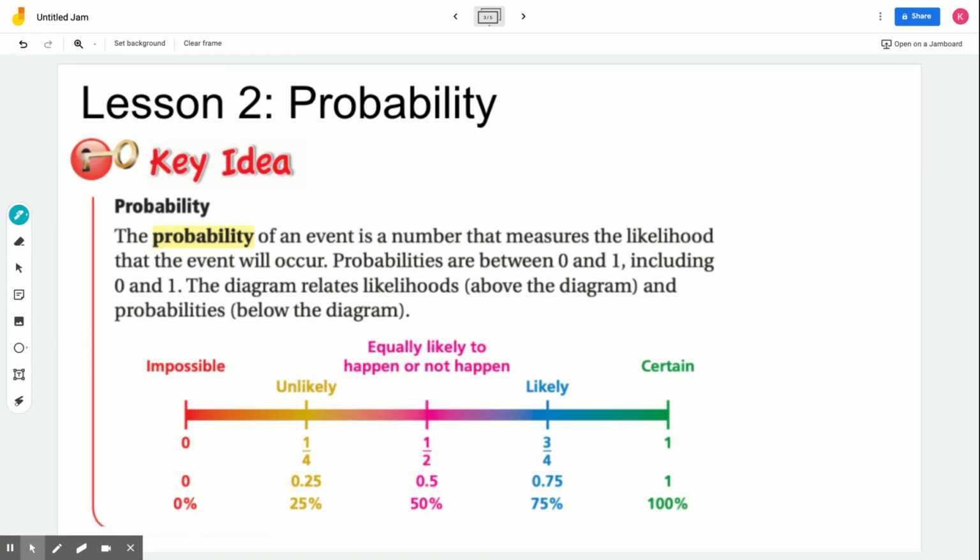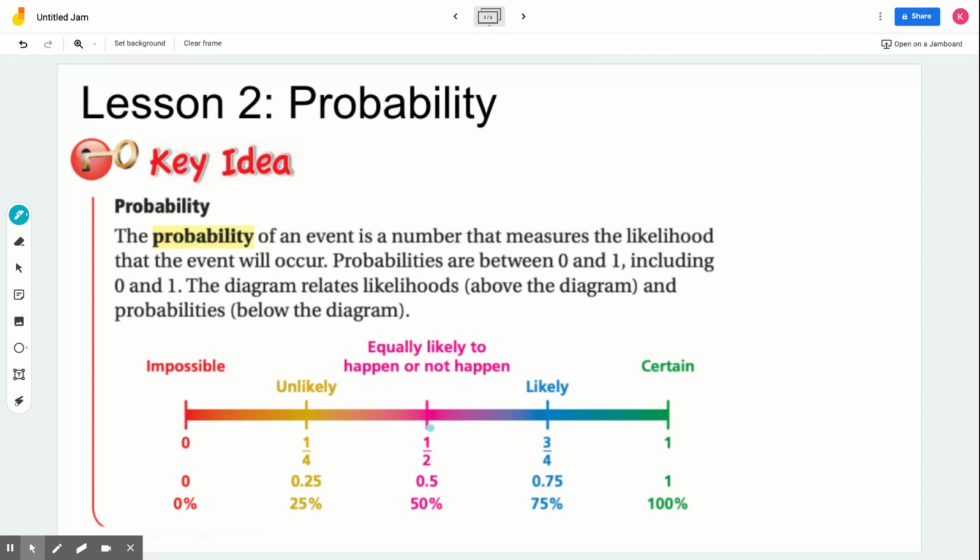The diagram below relates likelihoods above the diagram and probabilities below the diagram. So we can see here that at 0, it is impossible. It will never happen, which would be a 0% probability. Or if it's unlikely to happen, that would be in the range or close to 1/4 or 25%.